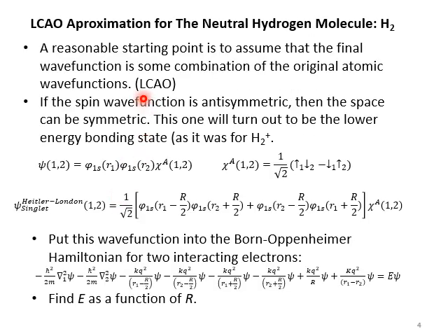Busy slide, but actually this is a repetition of what we talked about last class. That is that we make as a reasonable guess to start out with that the final wave function is some linear combination of the original atomic wave functions. That is, that it's essentially an electron on one atom and an electron on the other atom combined suitably to make a joint wave function for the system.